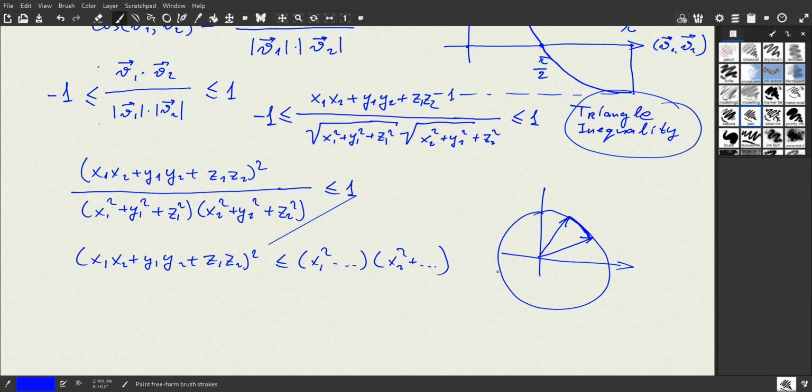This can be proved. Okay, so that's our geometric example, and we will continue about normality or orthogonality of the vectors in terms of the vector product next time.